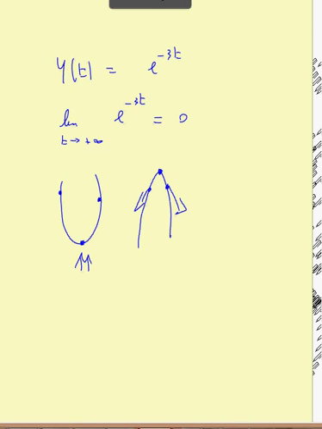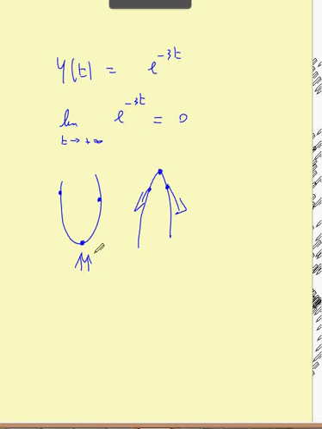I show you again the initial differential equation. Our initial differential equation was y dot of t equal to minus 3y of t.